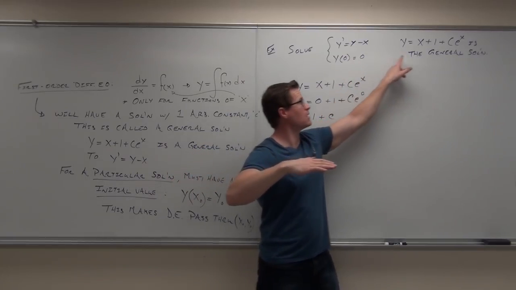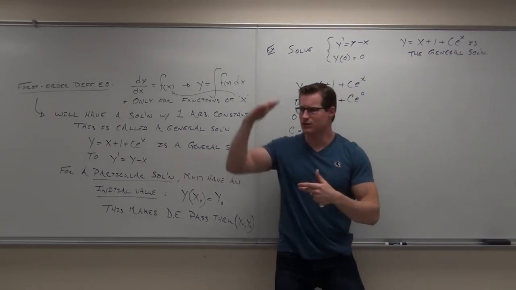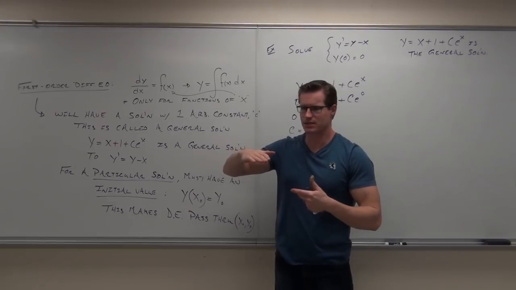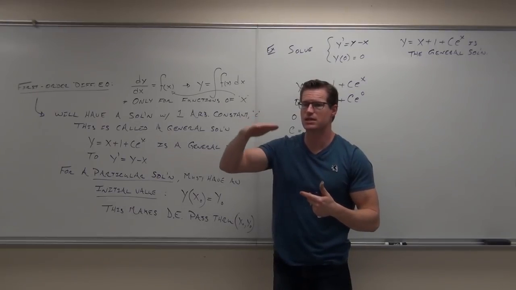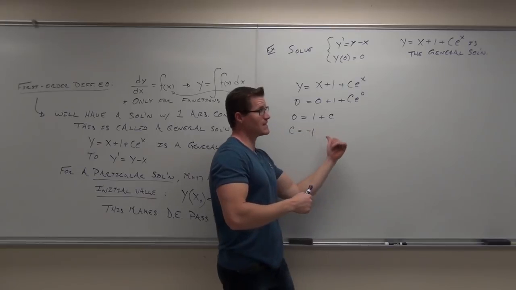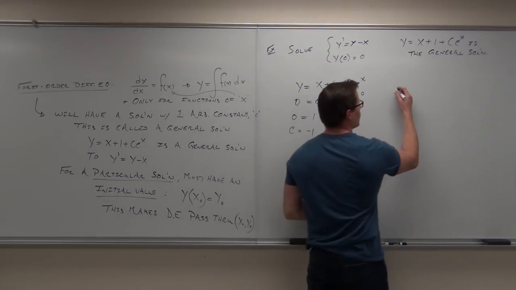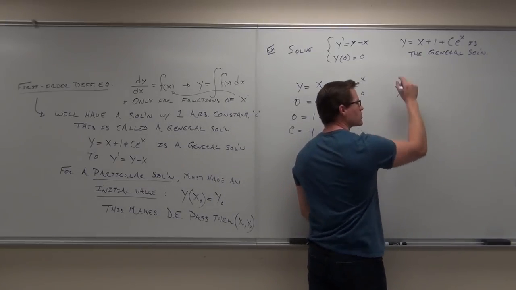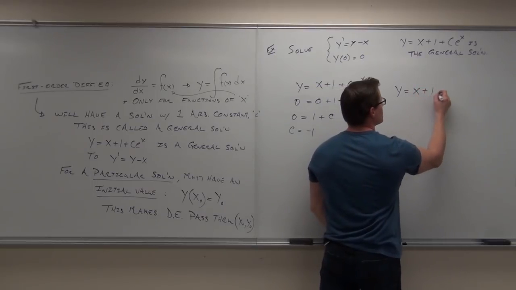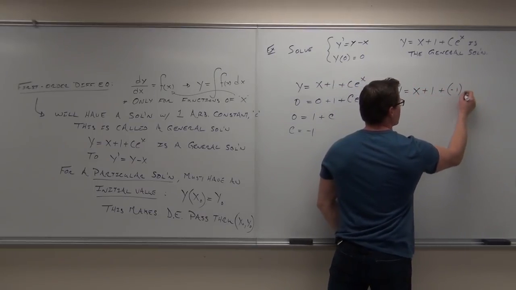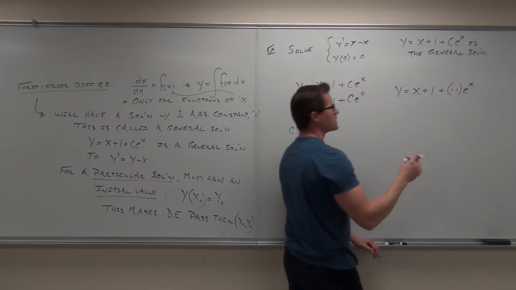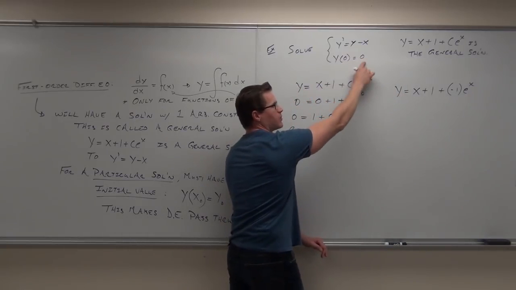That C is the only thing that's giving you different curves, isn't it? The X isn't, the 1's not, and the E to the X isn't, the C is. So if I can find out what my C is, I can say that now the specific solution, not the general solution, is going to be exactly what the general solution is, but going through one distinct point, 0, 0.